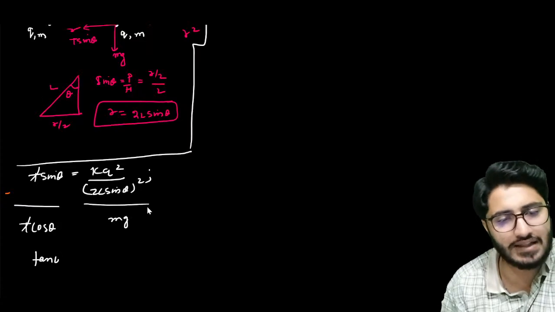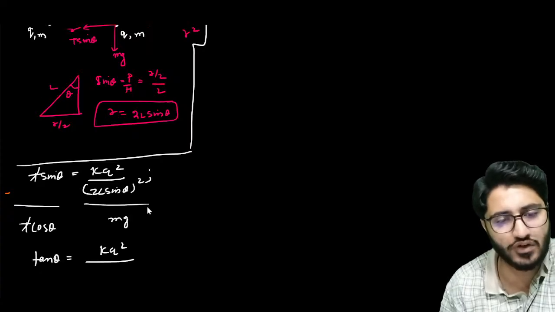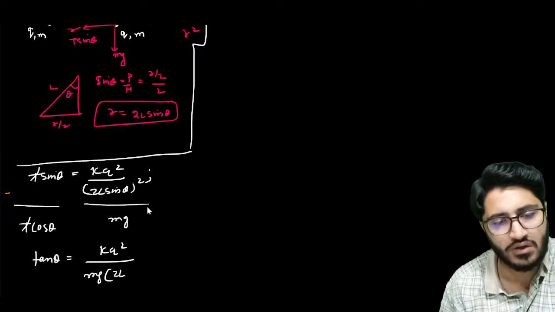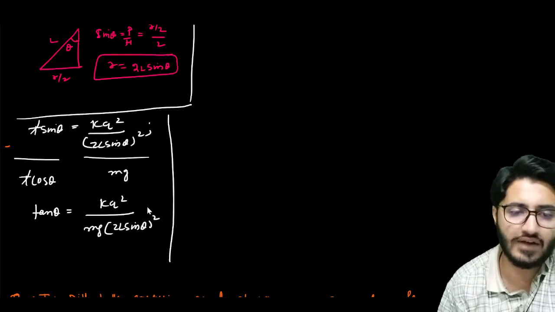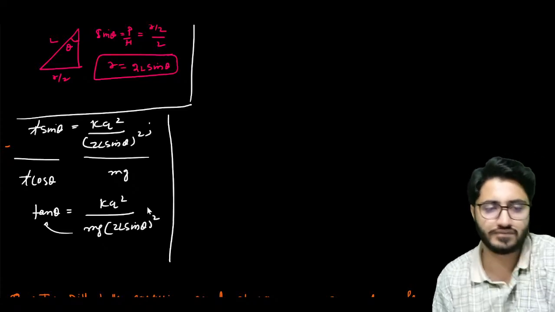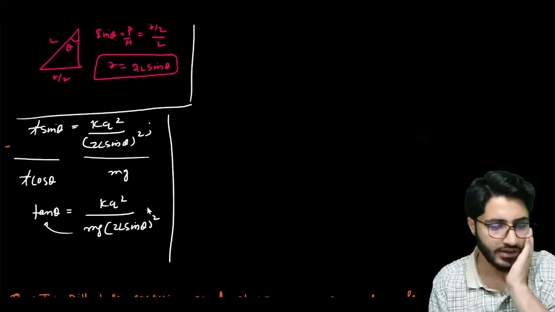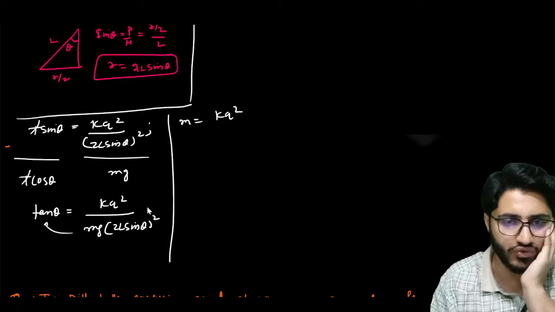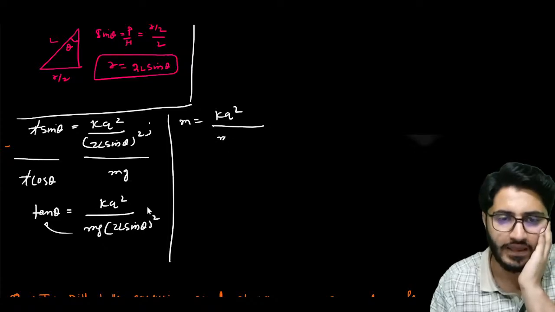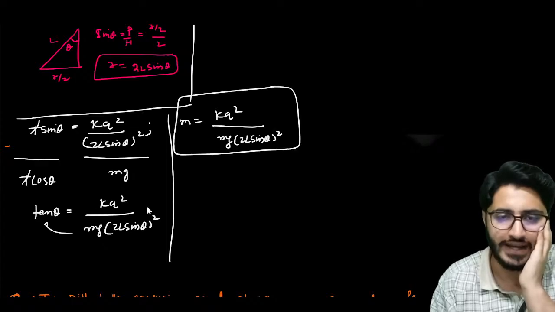So tan theta is equal to KQ square, I will take mg upwards, divided by 2L sin theta whole square. Then I will take M to this side. So my M will be equal to KQ square divided by mg, 2L sin theta whole square. So I guess this would be my answer.